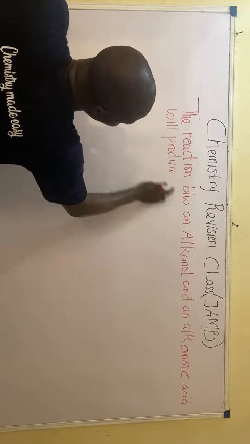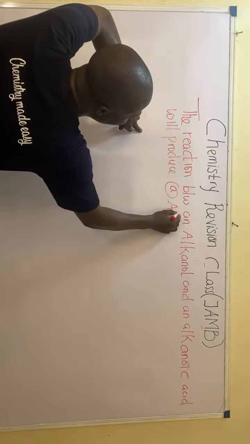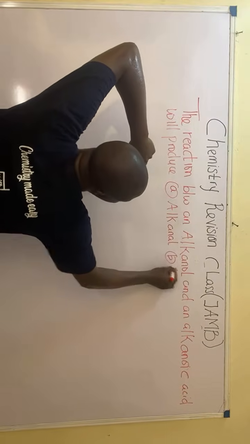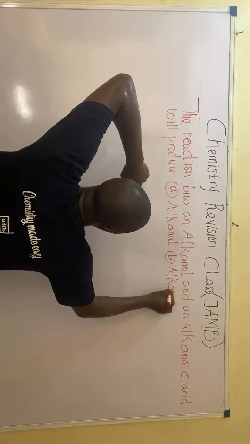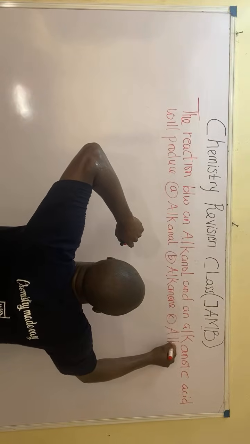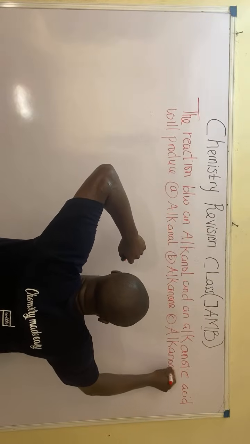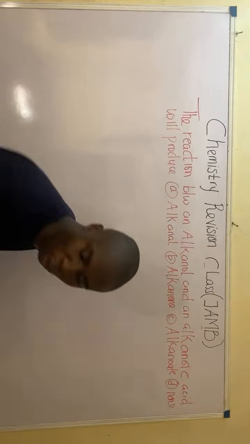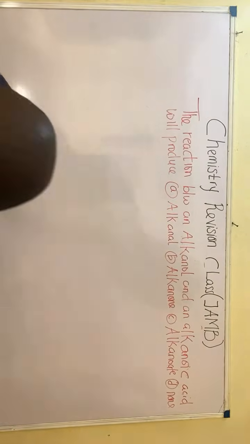The options: option A, alkanals, it's out. This can never be the answer. Alkanones, out as well. Option C, alkanoate. And option D, none of the above. Simple. Here is an organic chemistry question.